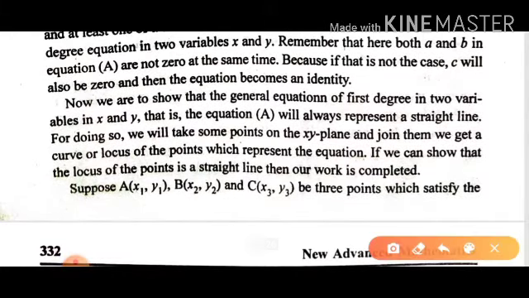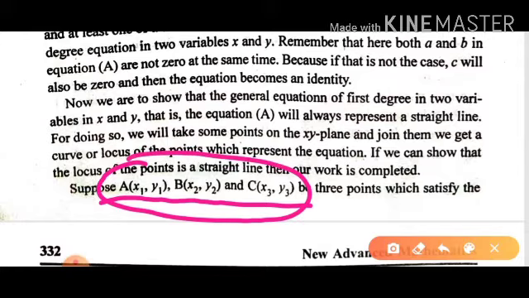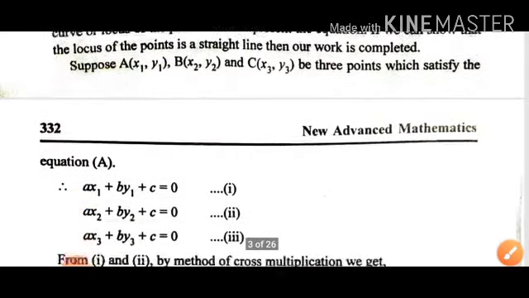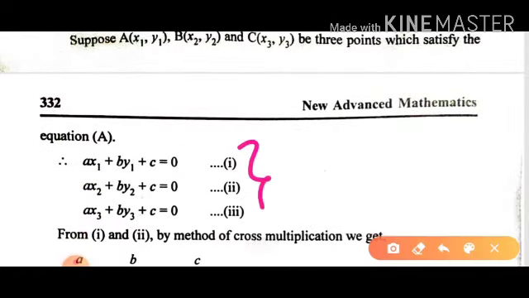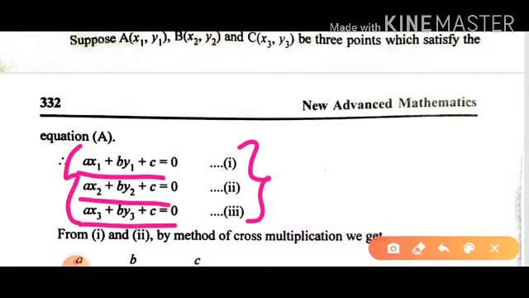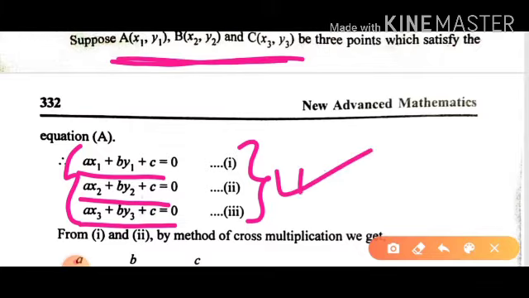Now if we consider 3 points on the line, A (x1, y1), B (x2, y2), and C (x3, y3), and put the values of x and y as (x1, y1), (x2, y2) and (x3, y3), we can form these 3 equations, each representing the same straight line, because these 3 points satisfy these 3 equations.